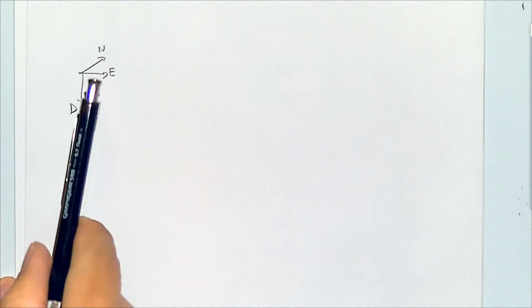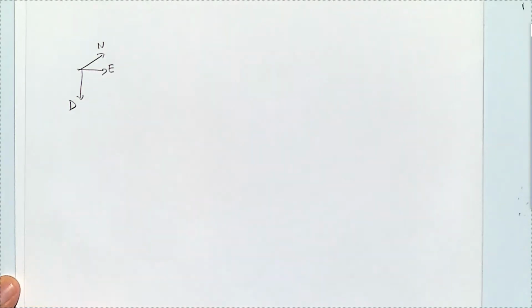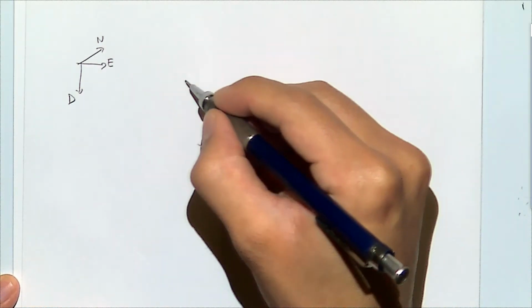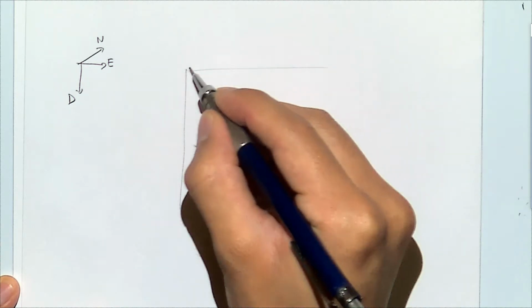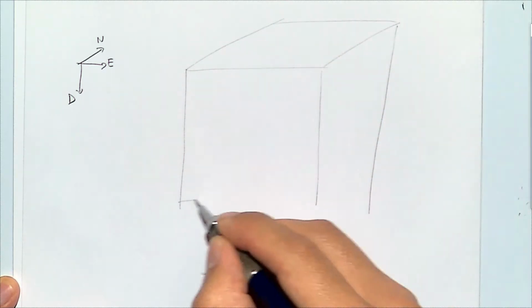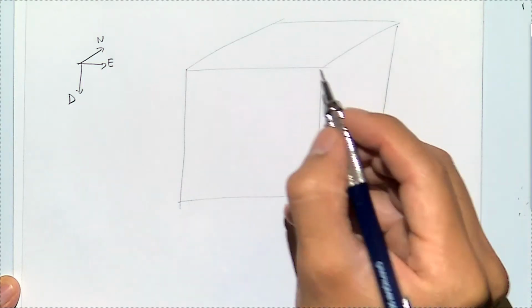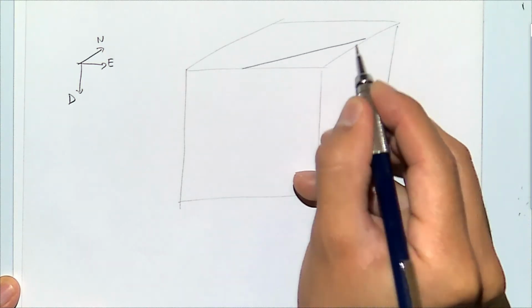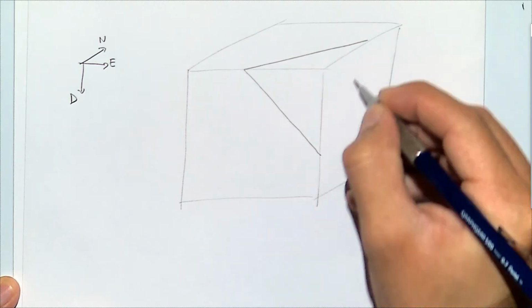So we have north, east, and down. And let's say that we have a block here. And here we're going to have a plane that cuts this block, which is going to be the fault.